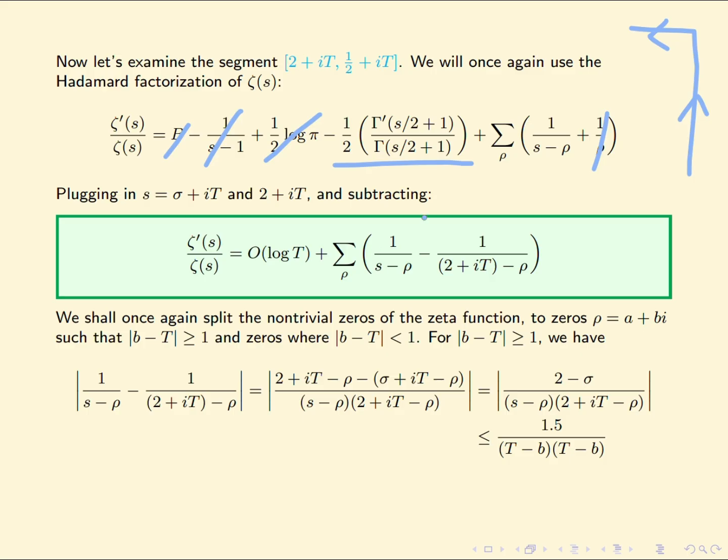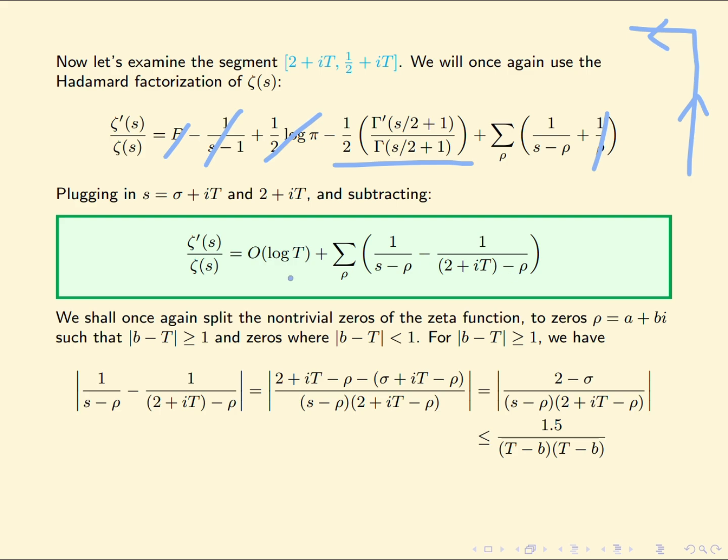So the only remaining interesting term is the sum over all the non-trivial zeros, which is the sum over rho of 1 over s minus rho. That's this thing. And when I plug in 2 plus it, replacing s with this, it's going to be 1 over 2 plus it minus rho.